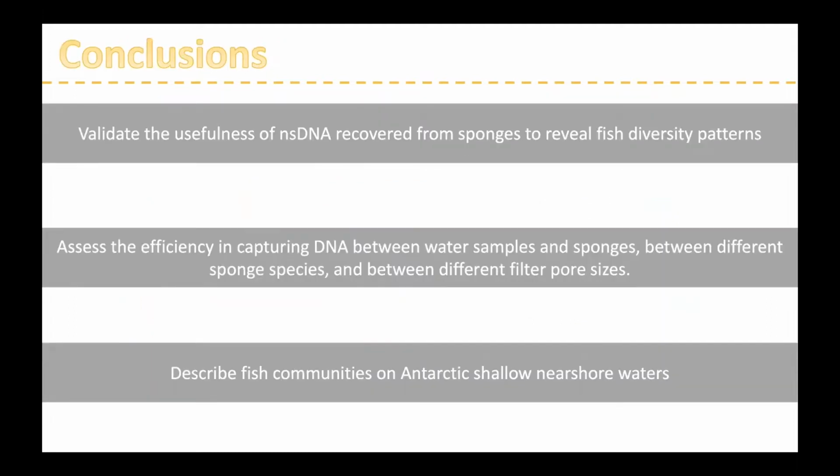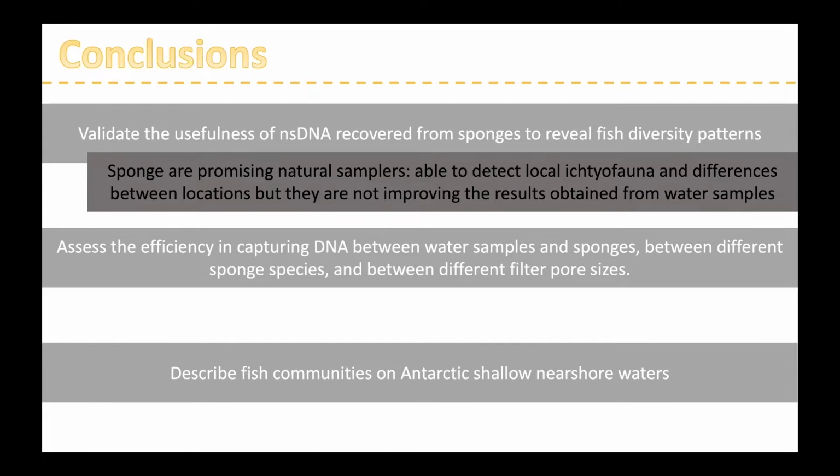So to conclude, we can say that sponges are promising natural samplers, able to detect the local ichthyofauna and differences between locations, but they are not improving the results obtained from the water samples, especially if we take into account that the water samples are only 3 replicates.